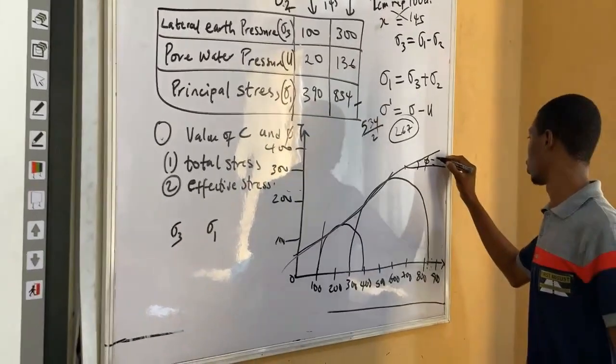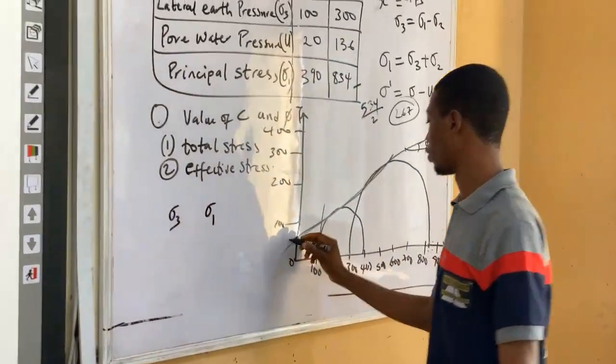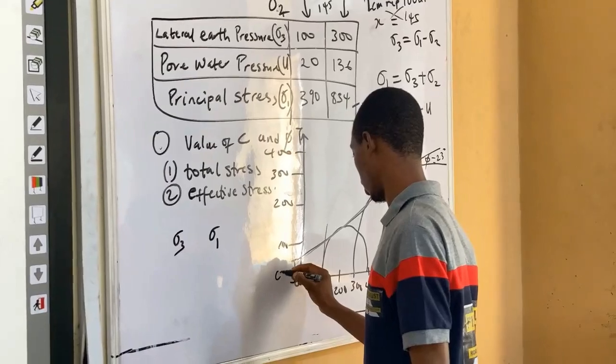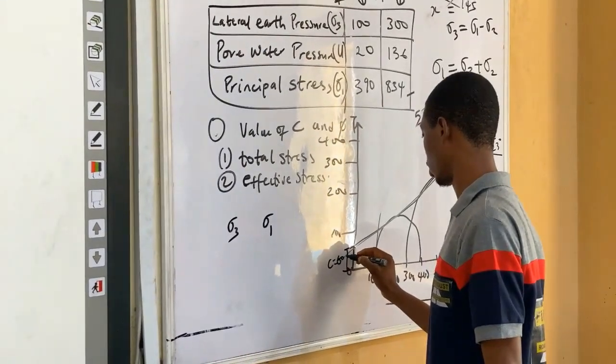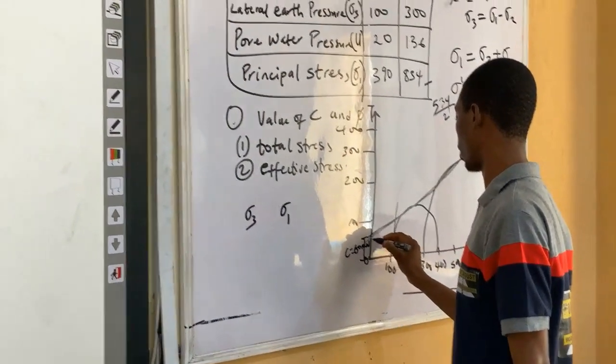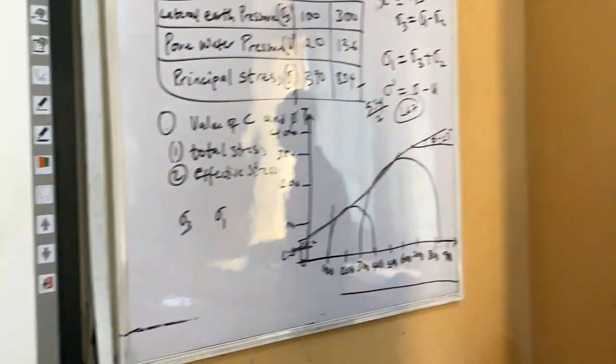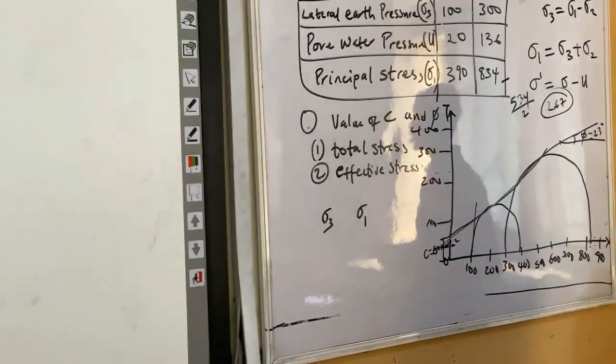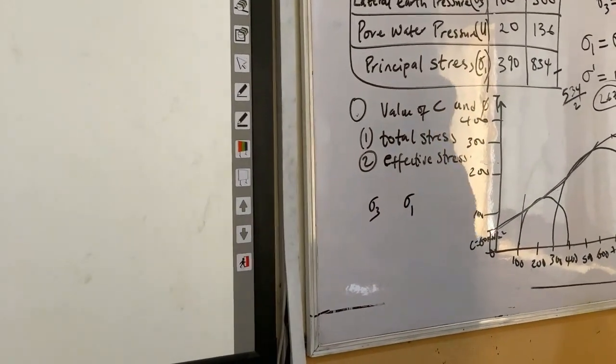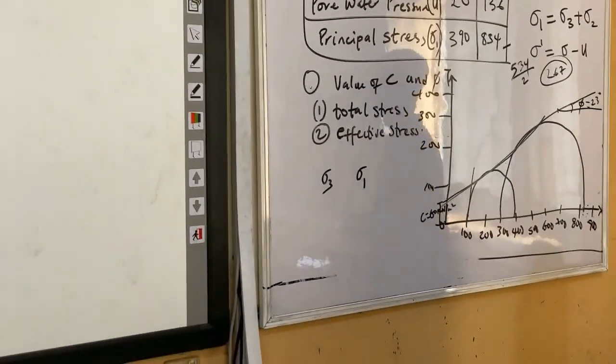23. So 23 degrees. And we have this one as 60 or 65, 60 kilonewton per meter squared. So that's for total stress. What did you measure?